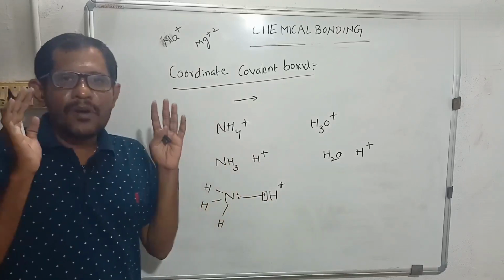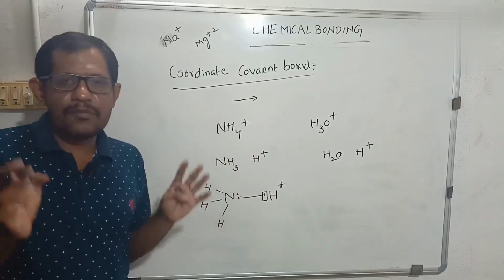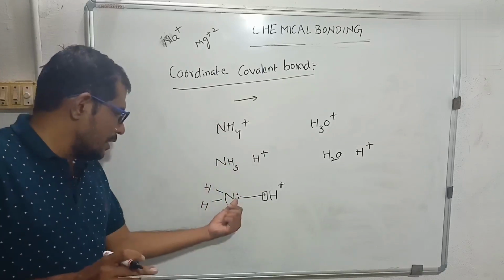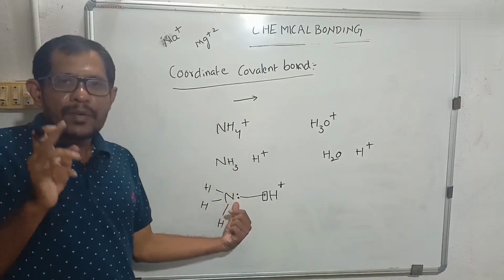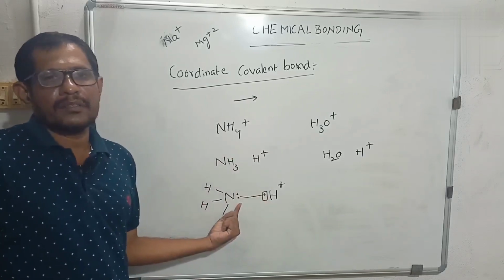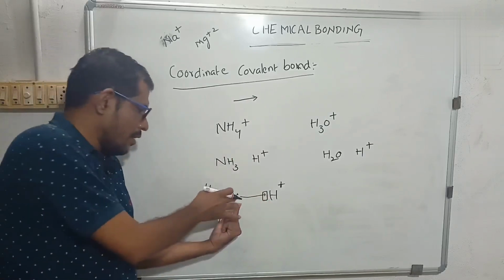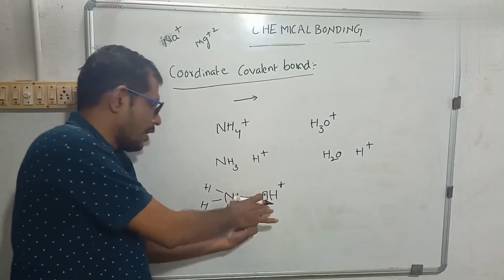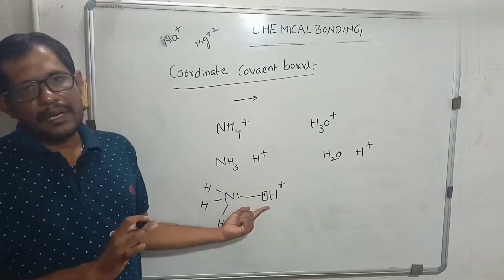For the presence of a coordinate covalent bond, there must be one pair of electrons in one species, and in the other species there must be a vacant orbital.